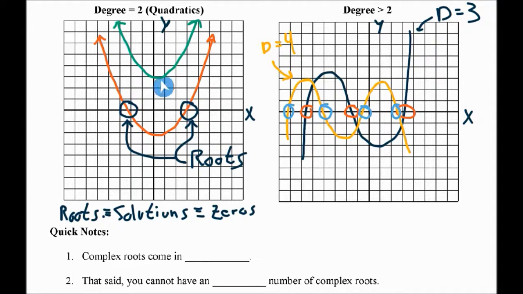So anytime that you have a function like this that does not cross the x-axis, that means your roots are going to be complex. So if your function does not cross the x-axis like our red one did, where we had 2 real solutions, there are still 2 roots. The fundamental theorem of algebra still holds here.